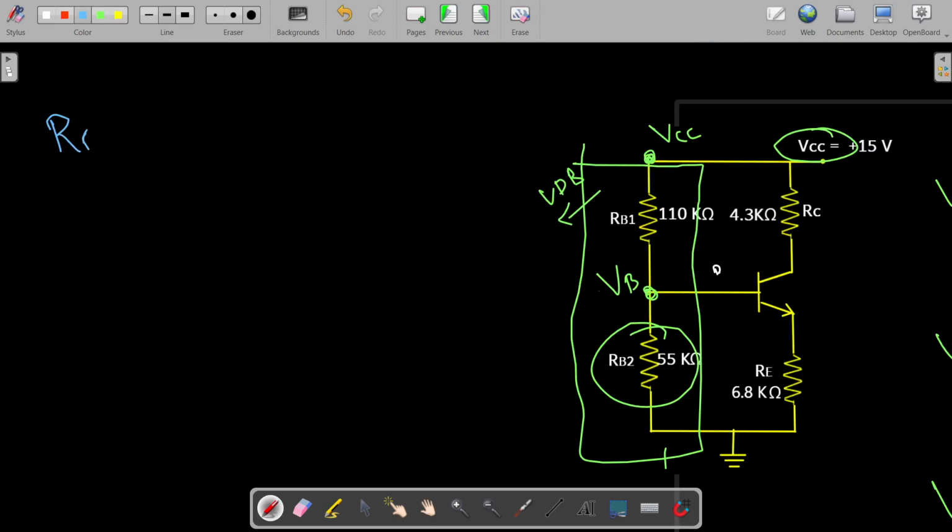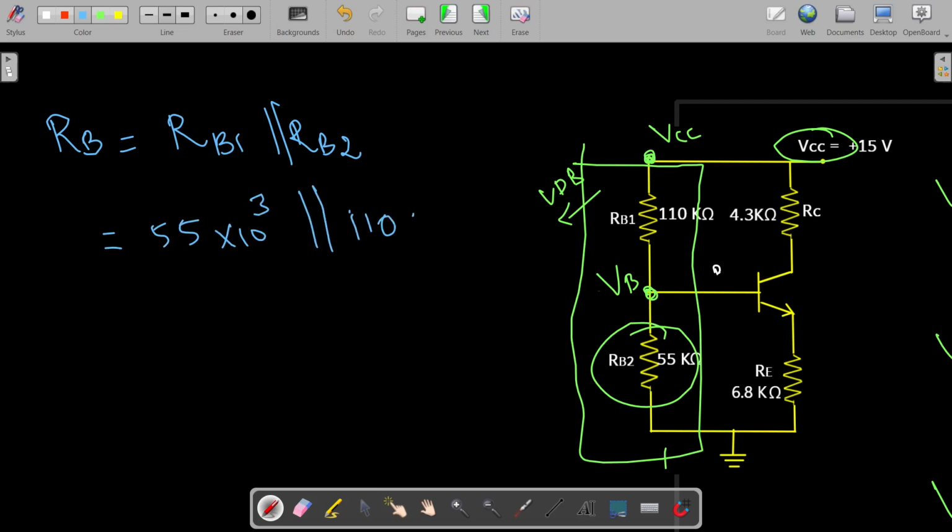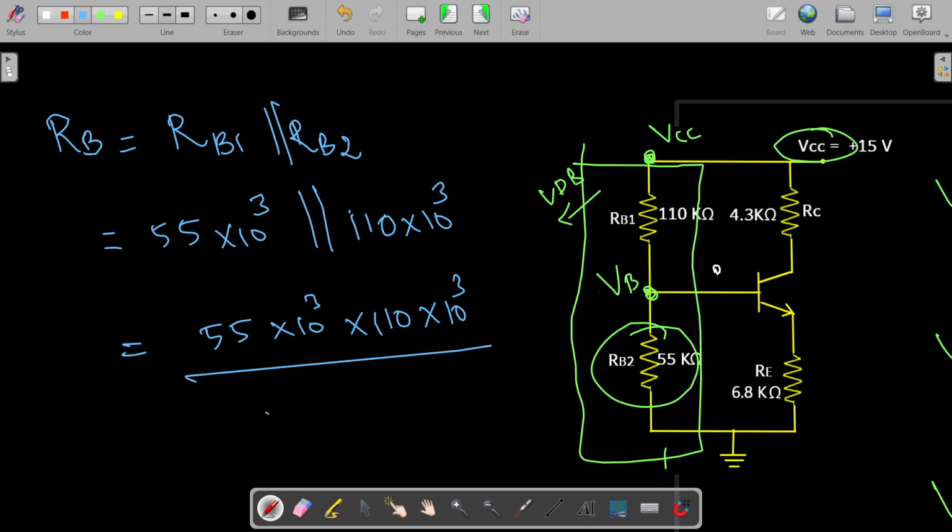So that RB is nothing but the parallel combination of this RB1 and RB2. So it is equal to 55 kilo ohm in parallel with 110 kilo ohm. So how would you calculate this parallel combination value? So it is 55 into 110 divided by the summation of both, right?